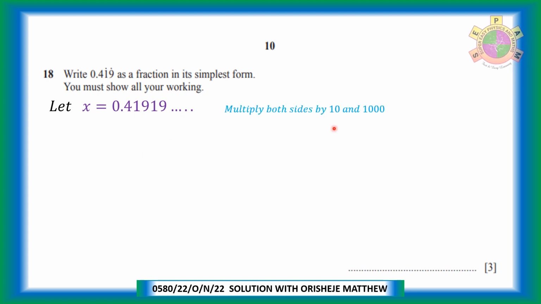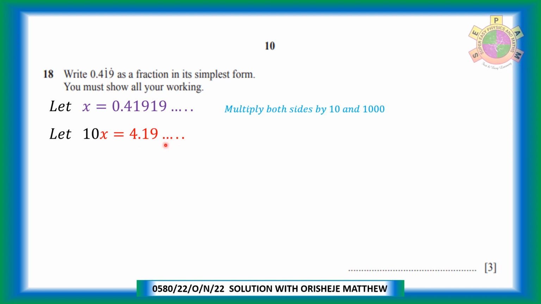Next, multiply both sides by 10 and next again by 1000. The reason is because this first 4 is not part of the repeating pattern. So s multiplied by 10 gives us 10s equals 4.19.